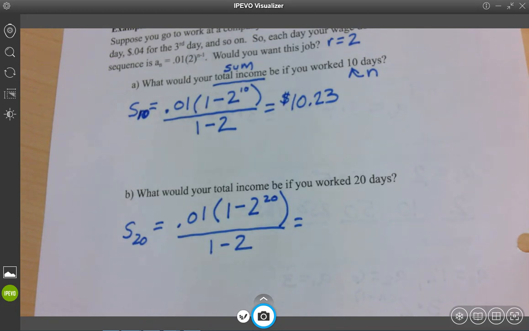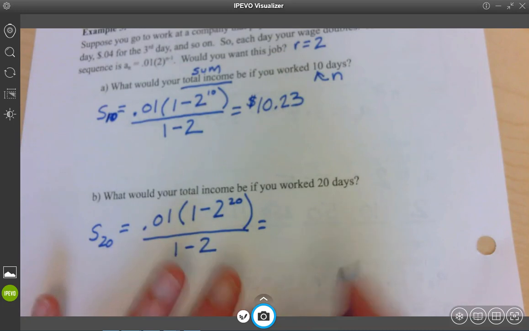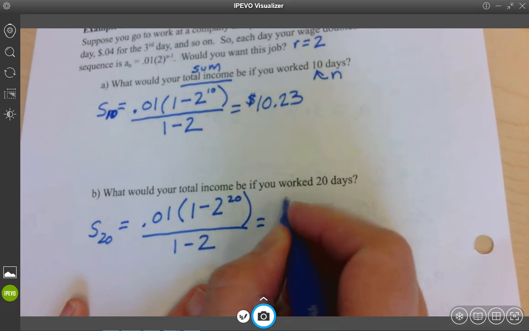Whoa, what are you guys getting? That's a lot of money for 20 days of work. I think that kind of even averages out pretty well. So it looks like if you stick with this job, it might not be that bad.